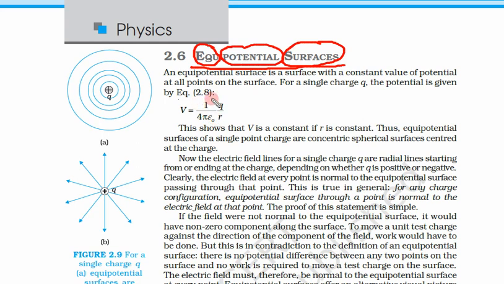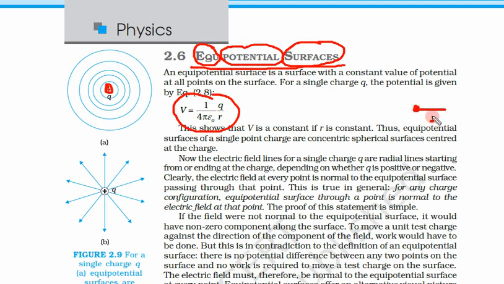So see, this is the formula of potential. V is equal to 1 upon 4 pi epsilon naught, q upon r. So for any test charge, here it is the charge, this charge q. If this charge is a point particle, let us say we want potential at a distance r.